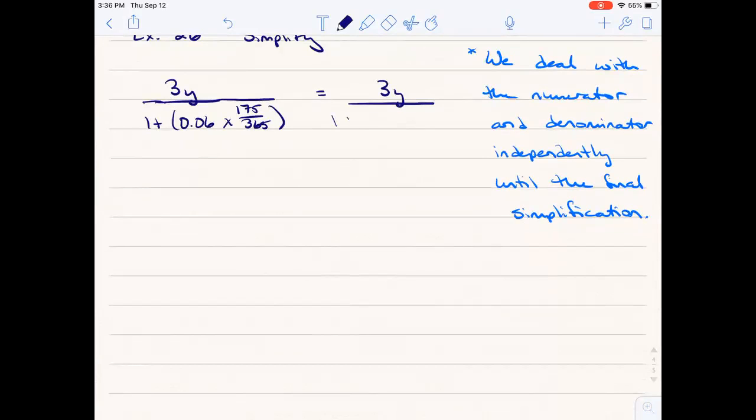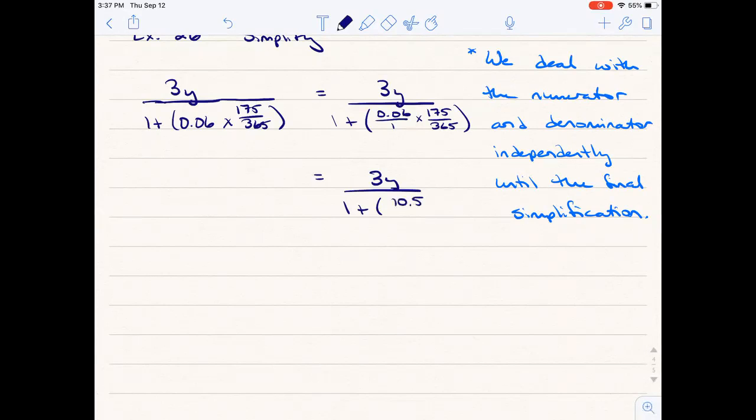So we get 1 plus, and then in brackets, if we rewrite this as 0.06 over 1 times 175 over 365, it's just an option, doesn't change anything. But now it's nice to be able to multiply fractions, because we just multiply across. And so now we've got 3y over 1 plus 0.06 times 175.